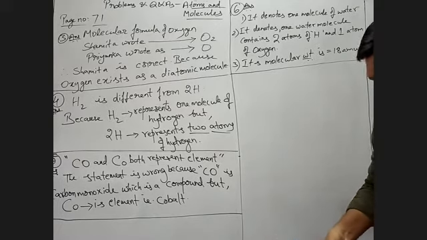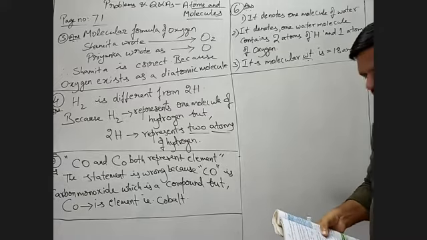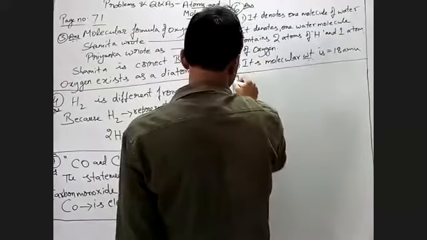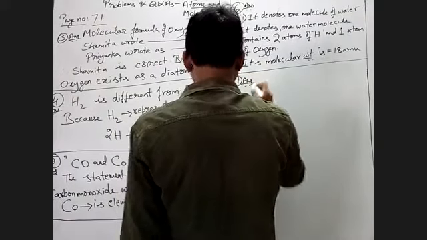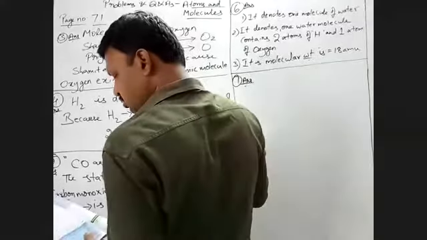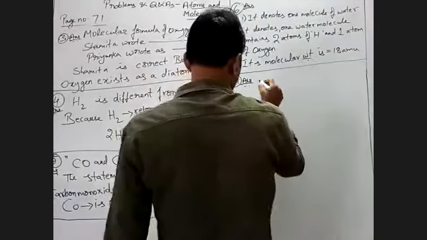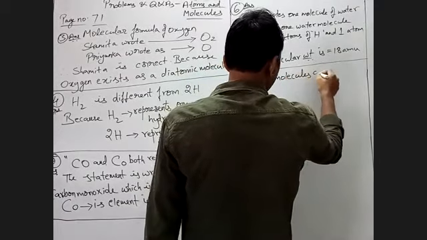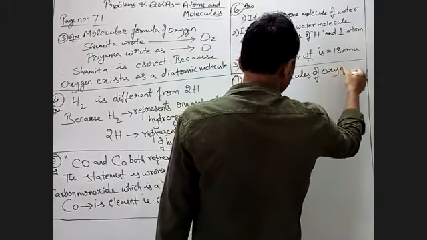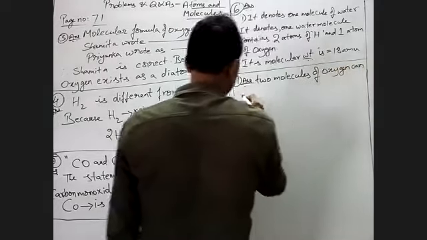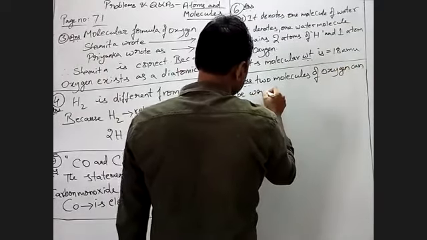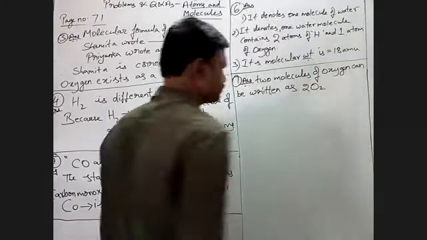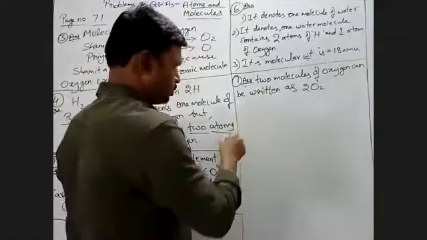Then coming to seventh one, how would you write two molecules of oxygen and five molecules of nitrogen? Very simple and easy question. Two molecules of oxygen can be written as 2O2.